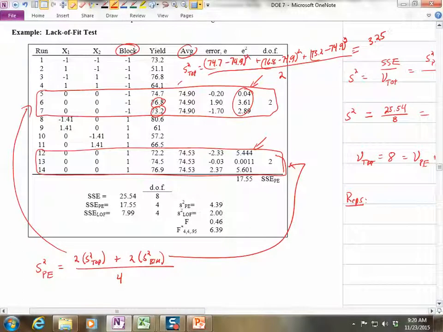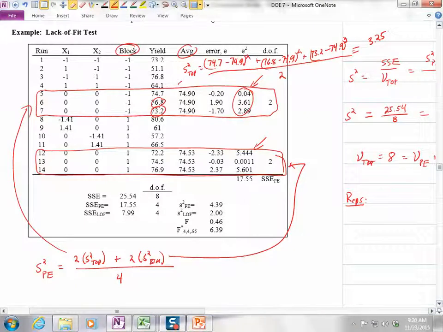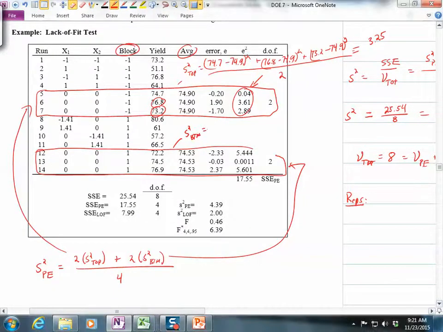So everyone agree that would be the variance of these 3 data points. They're replicates, so we can calculate an average and a variance from them. Everyone okay with that part right there? All right, so why don't you take a minute and do the same for the bottom. So find the S squared of these where we have replicates there.